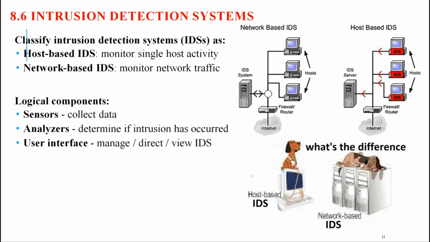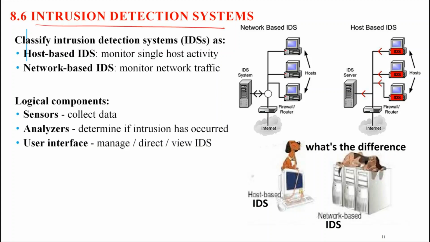Now we are moving to the next step: intrusion detection systems. An intrusion detection system is software or hardware which can be used to identify intrusions taking place in a network.